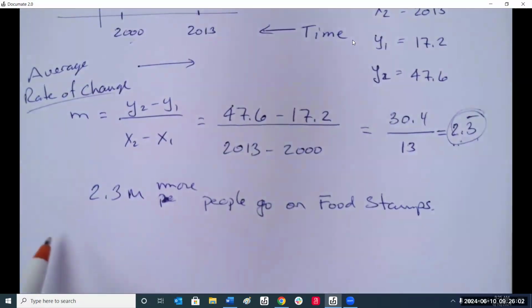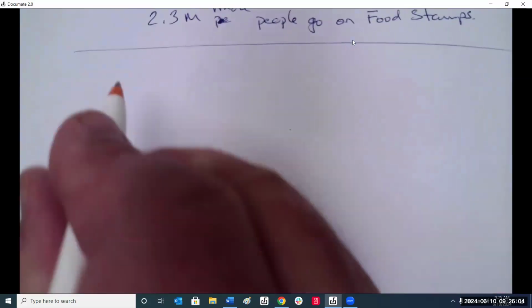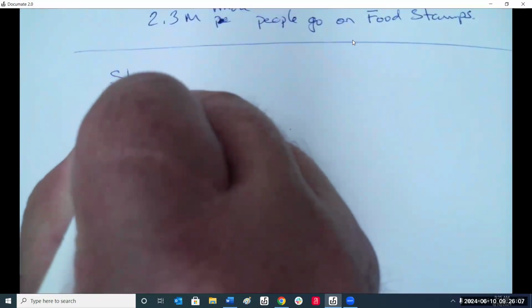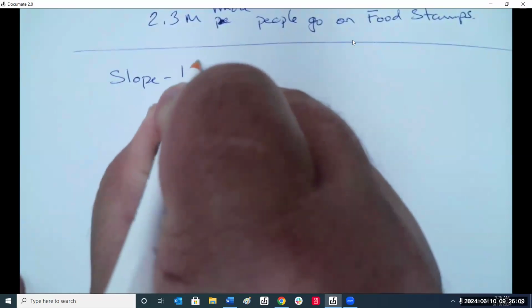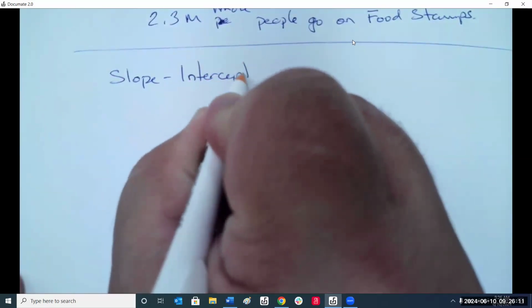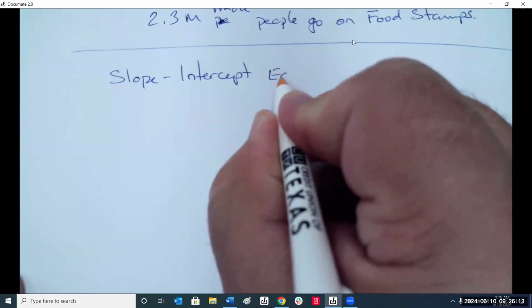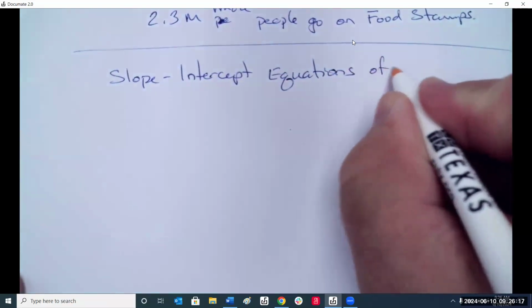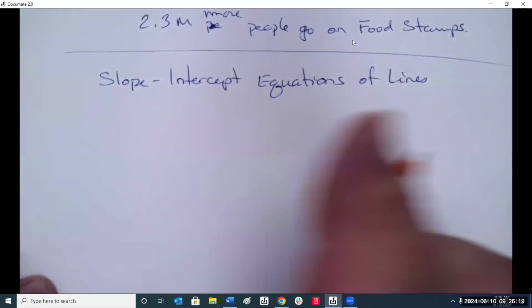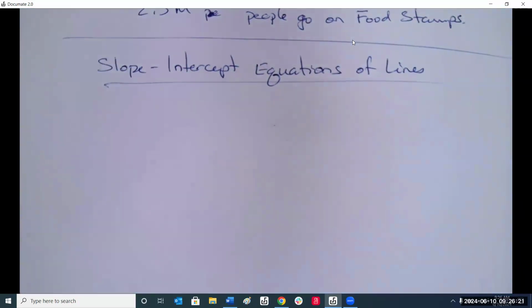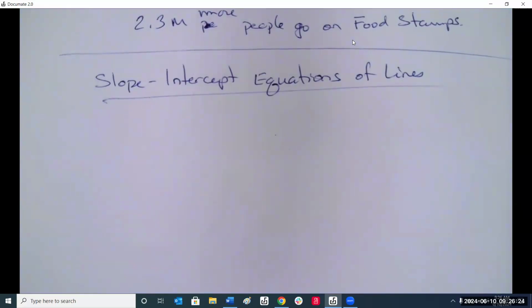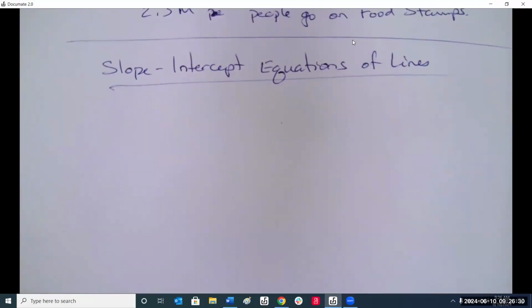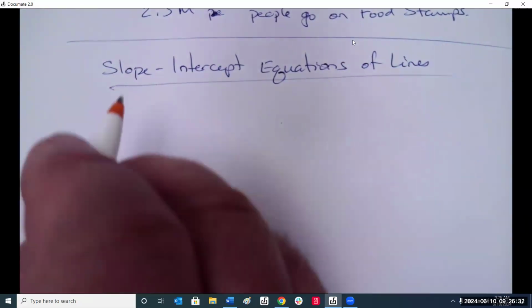All right. The slope-intercept equations of lines. I don't like the way the book did this because there are 3 types. The point-slope should have been the first one, not this one. But this is the textbook. Slope-intercept.